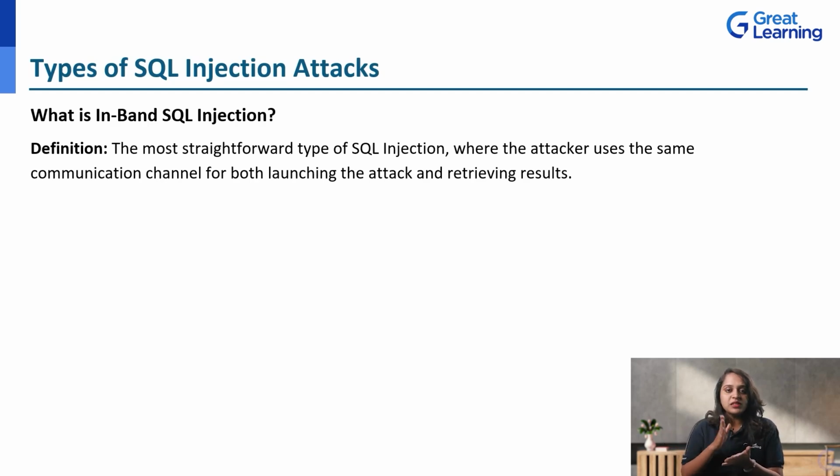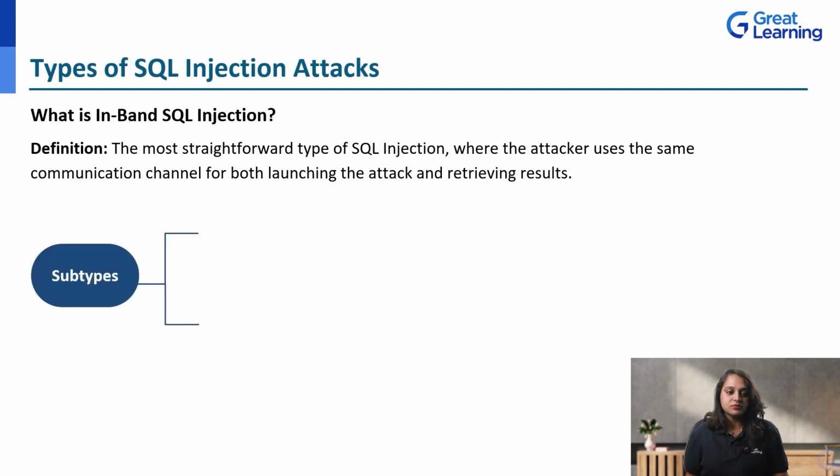For example, I am using the same communication channel to send my malicious code, that is nothing but the SQL injection, and I'll use the same communication channel to retrieve the data from there. So this is called in-band SQL injection.